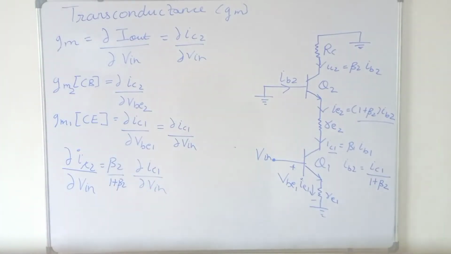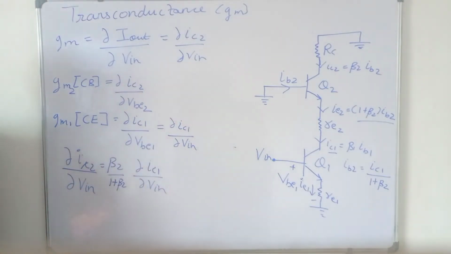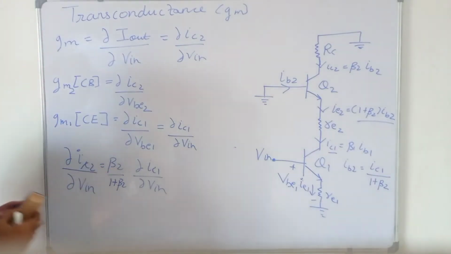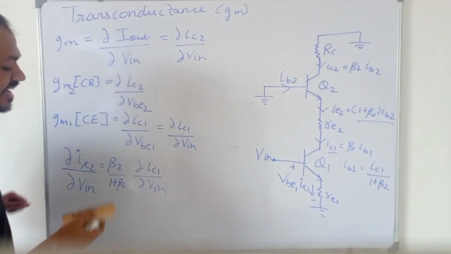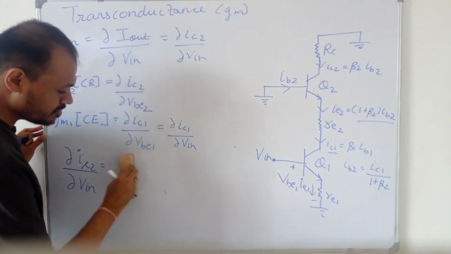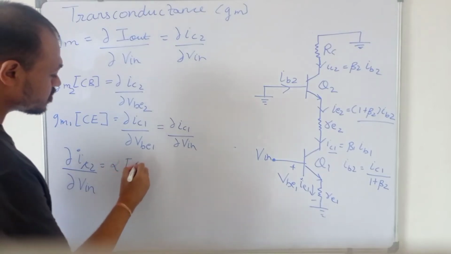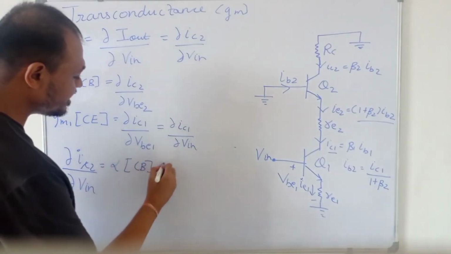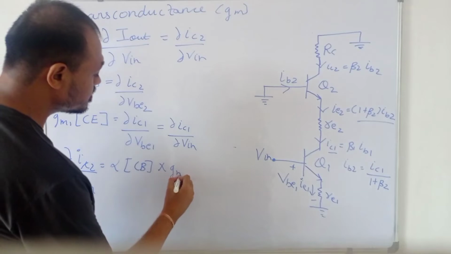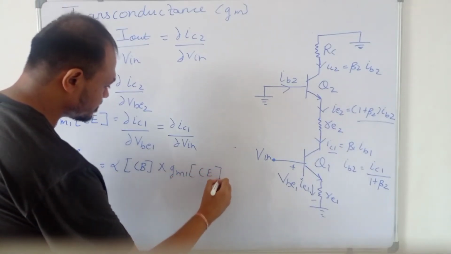Delta IC1 upon delta Vin is nothing but the transconductance of common emitter stage, and beta 2 upon 1 plus beta 2 is nothing but current gain of the common base stage. So this is equal to current gain of common base stage multiplied by Gm1 of common emitter stage.